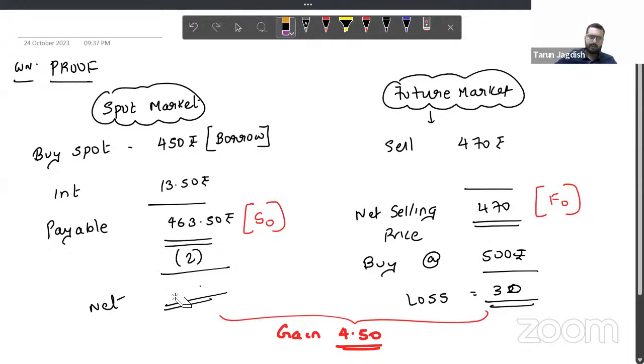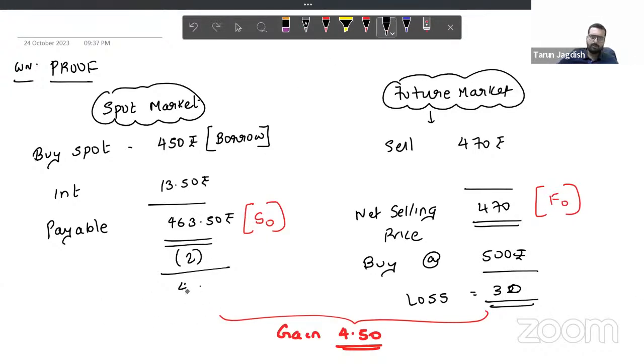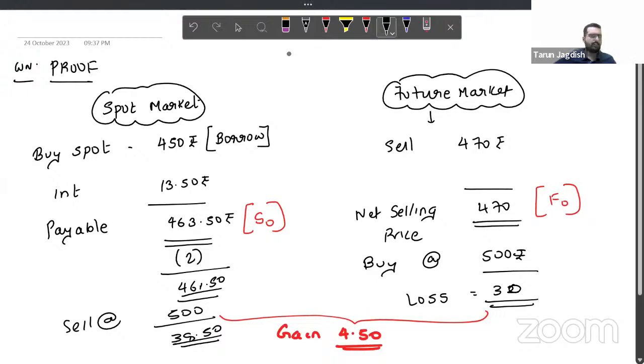Here it will be 461.5. Then you sell at 500, correct? So your gain over here will be 38.5. So your net gain will turn out to be 8.5, correct?